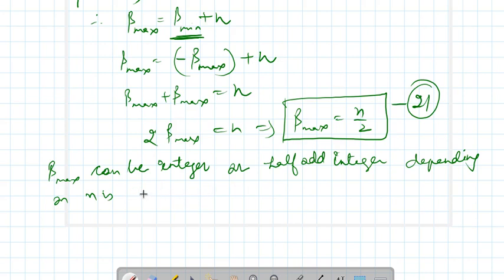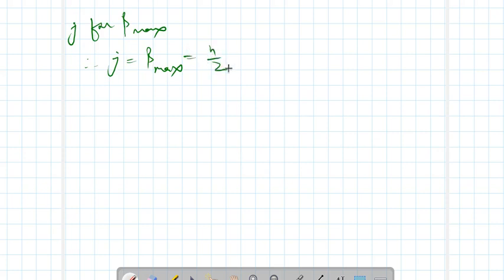Sorry, not odd or even, but even or odd. Now let me introduce J for beta max. So therefore J is equal to beta max, and it is equal to n by 2, and let me call m is equal to beta.